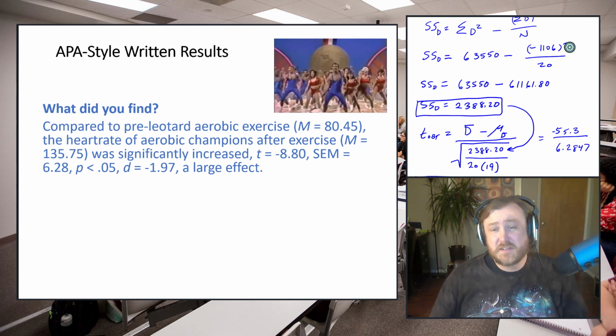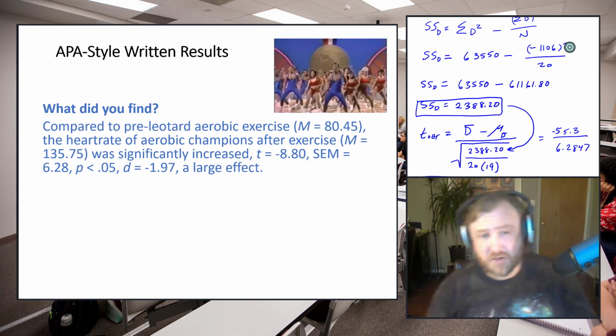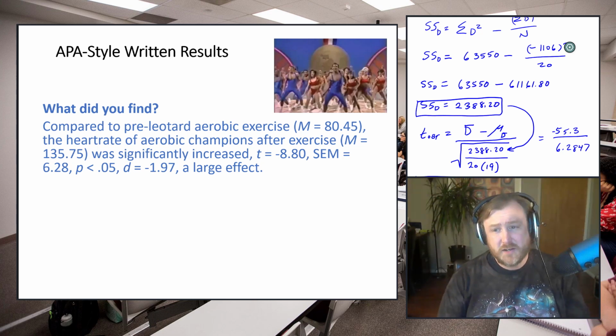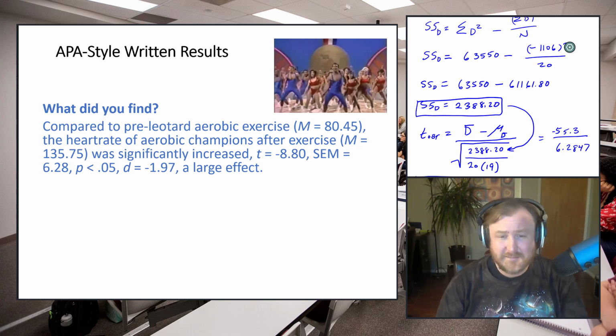But since this was significant, meaning we provisionally will take on the alternative hypothesis, the probability that this result was obtained by a type 1 error or sampling error is less than 5%. And then we report our Cohen's d value, which was minus 1.97. Again, with or without the sign, I'm fine with that. And this is a large effect.